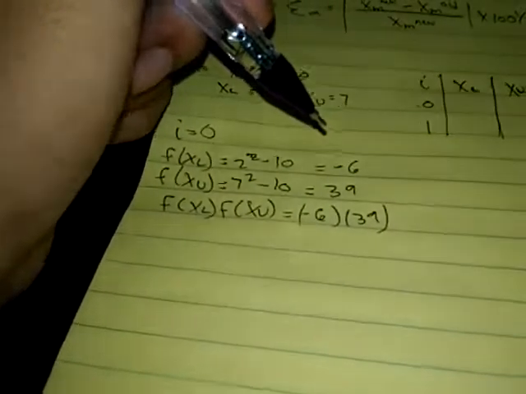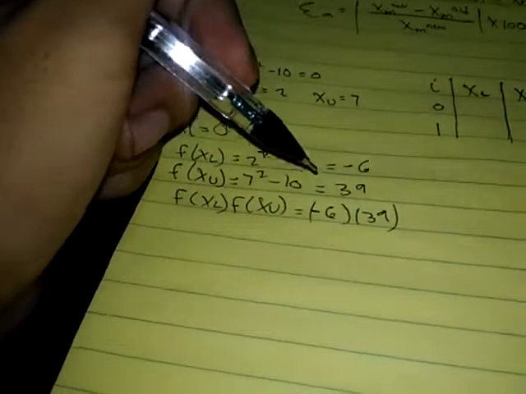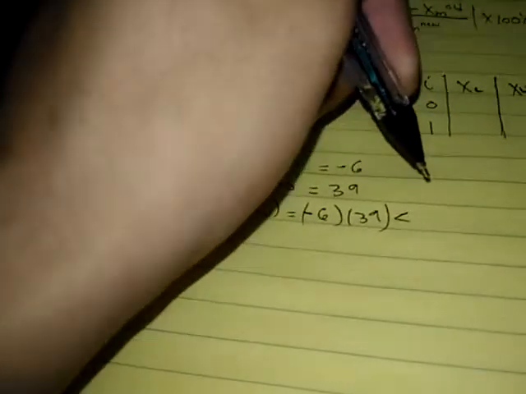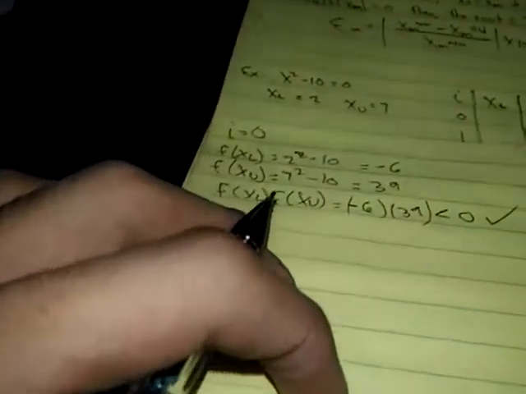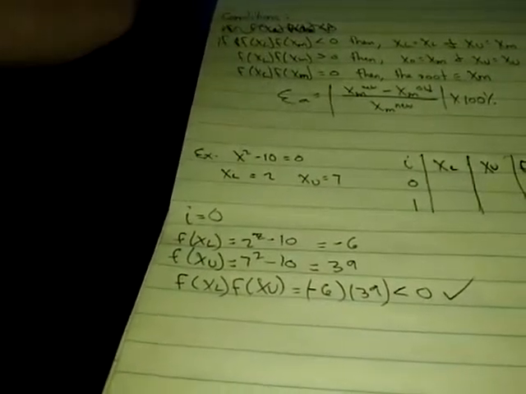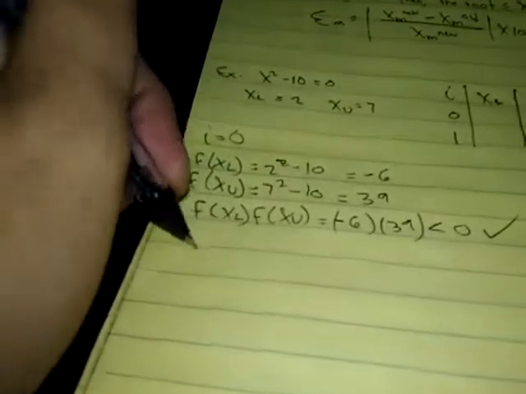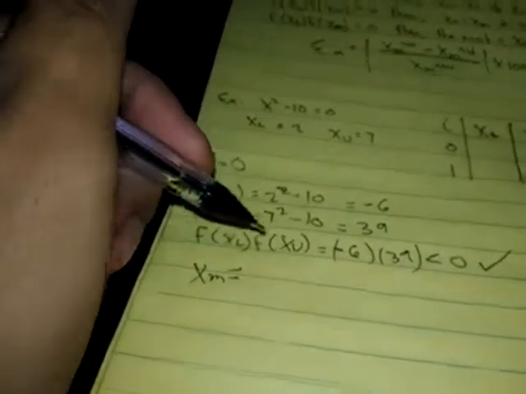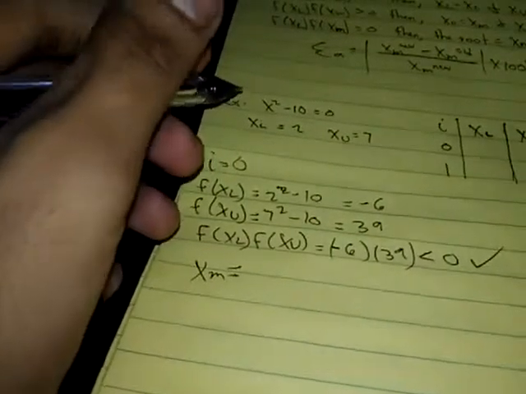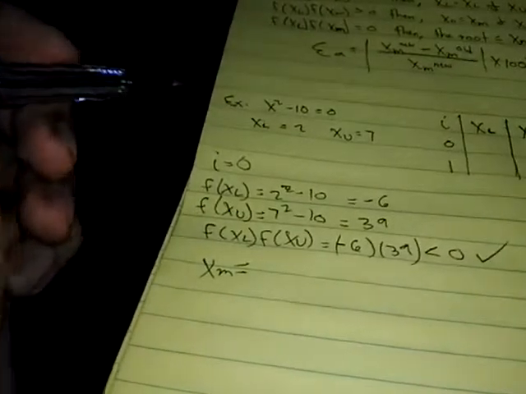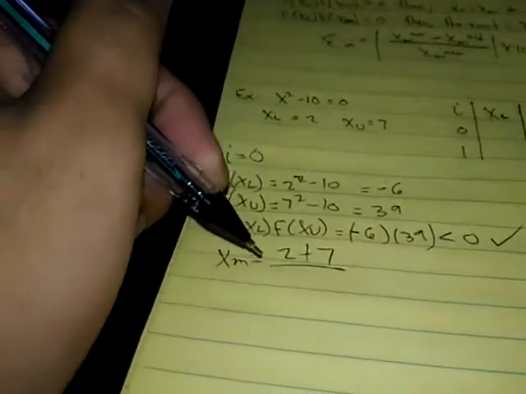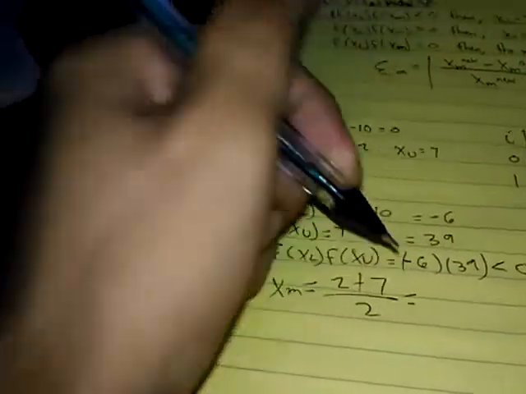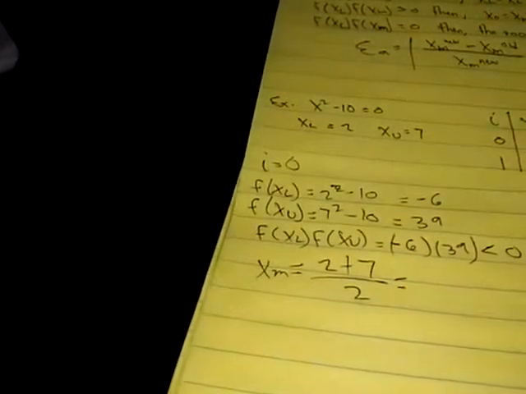So yun, obviously, negative siya. So less than 0 siya. So check condition. So take the midpoint. xm is equals to xl plus xu over 2. So bali ng xl natin is 2 plus 7 over 2. So equal siya sa 4.5.